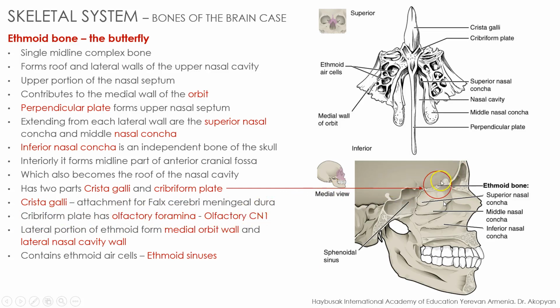The crista galli serves as the attachment for the falx cerebri, the meningeal dura. Lateral portions of the ethmoid form the medial orbit wall and lateral nasal cavity. The body of the ethmoid bone also contains the ethmoid cells, or ethmoid sinuses.